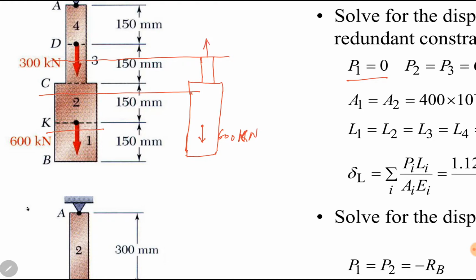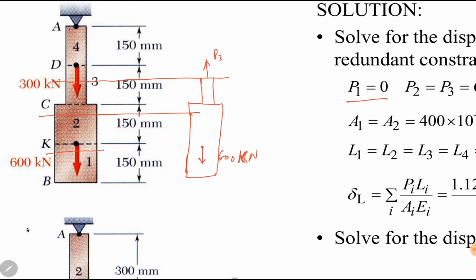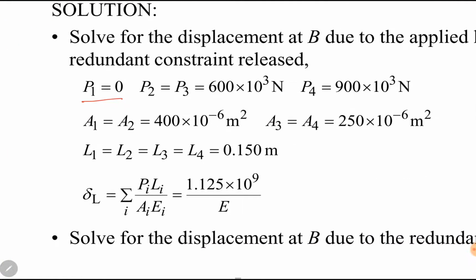So P3 at this end will also be equal to 600 kilonewtons, because before the next section P4, there is only one force, which is 600 kilonewton. The next force will be somewhere here in section 4, and then here is a load of 300 kilonewtons. At section 4 there is internal force P4. Summation of forces is equal to 0. So P4 is 600 plus 300, 900 kilonewtons, or 900 into 10 power 3 newtons.